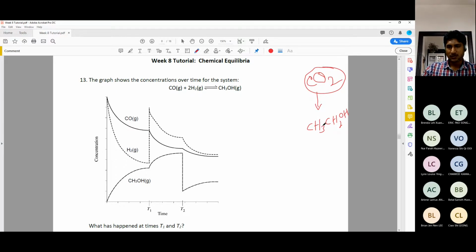There is a lot of research going on, and some scientists have been partly successful in converting carbon dioxide to ethanol, because carbon dioxide is quite stable, right? A very stable molecule. It doesn't want to react with anything.